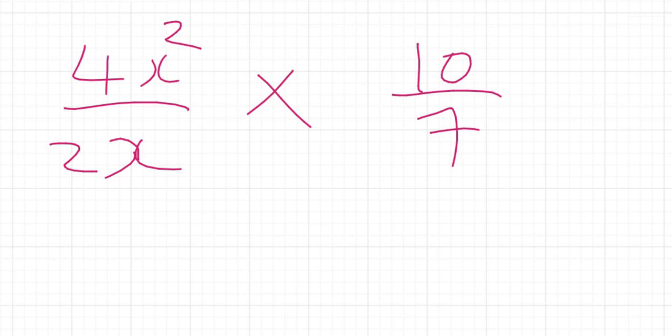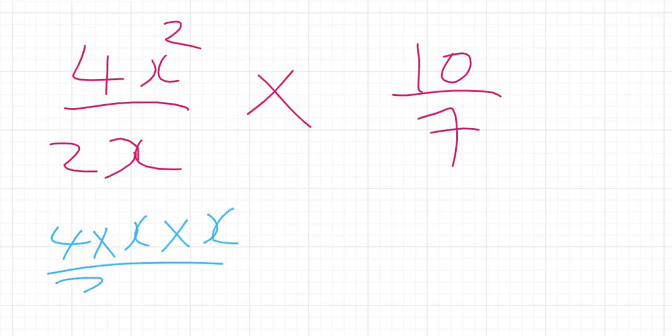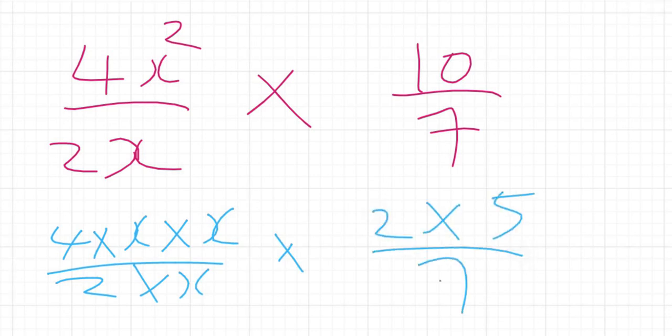We could say what makes up 4x squared. What makes up 4x squared is 4 times x times x. And we say 2 times x, and equal to, we could say 2 times 5 divided by 7.